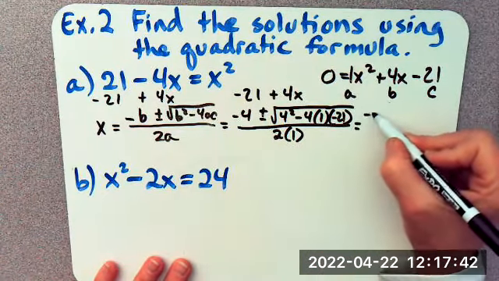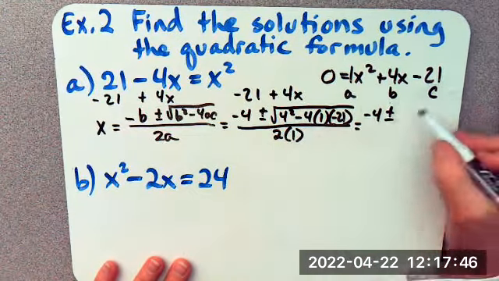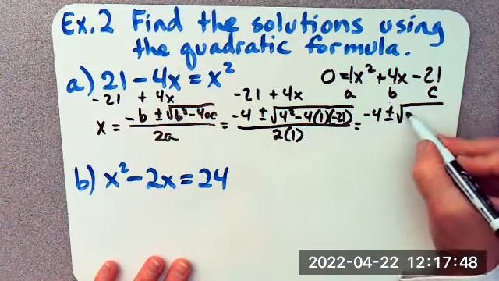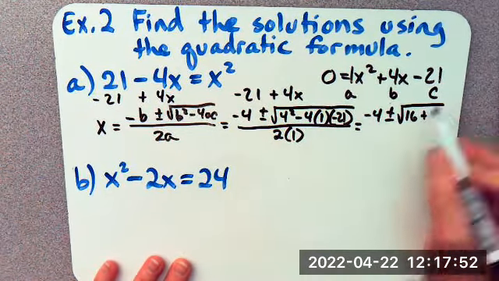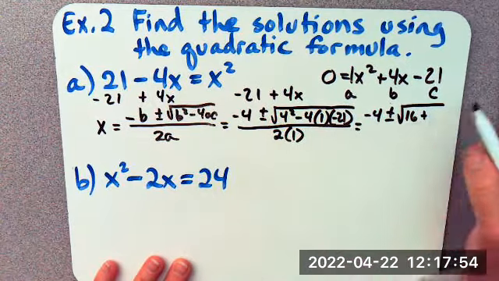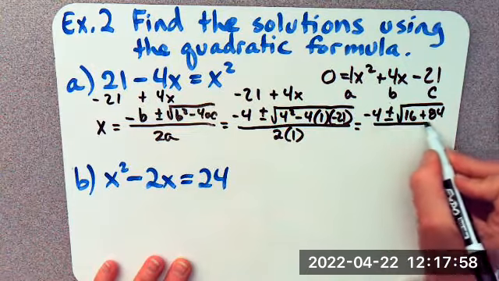So this gives us negative 4 plus or minus. Then inside the radical we have 16. Two negatives make a positive, and then 4 times 21 is 84, over 2.